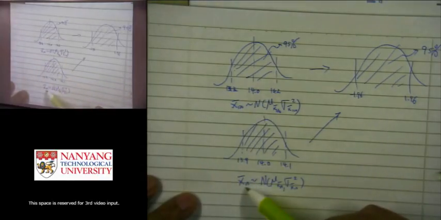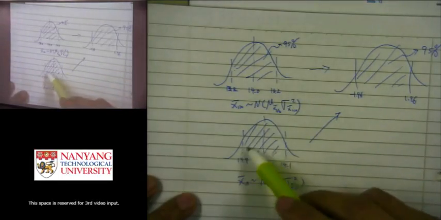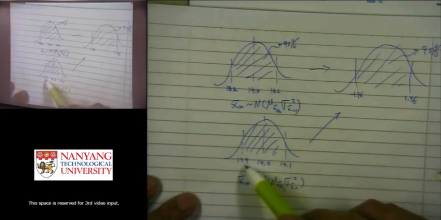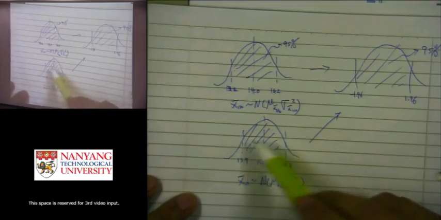The other is the average of n items. For this one, they want a narrower confidence interval, a narrower distribution, plus minus 0.1, from 13.9 to 14.1, but still the confidence level is the same, 95%.